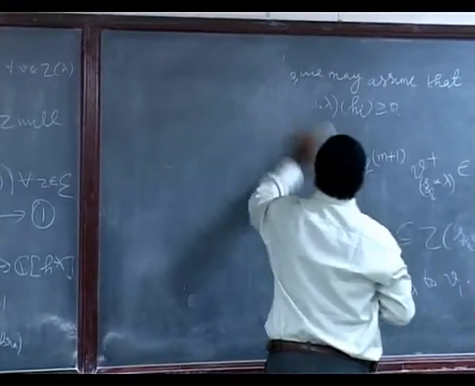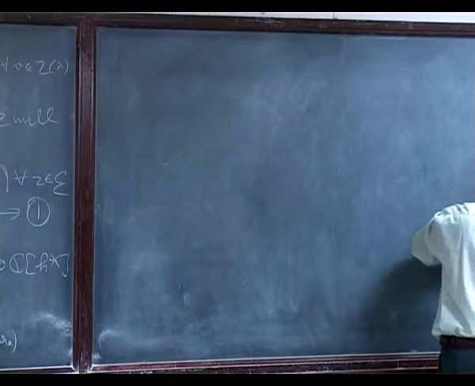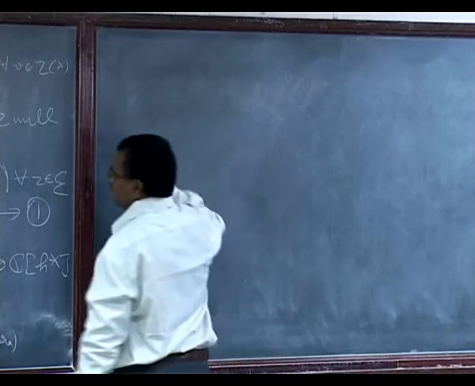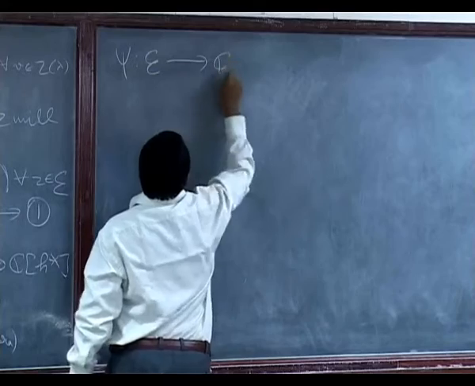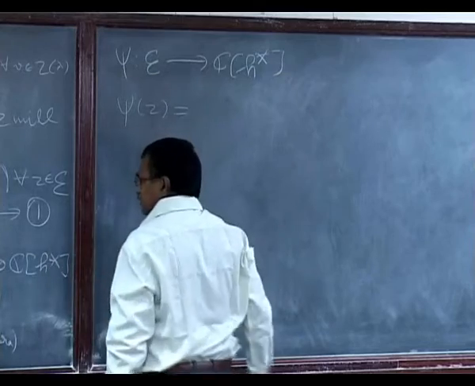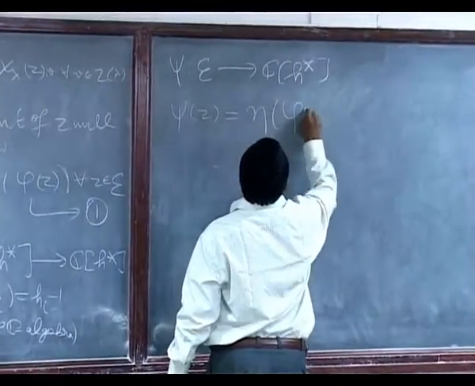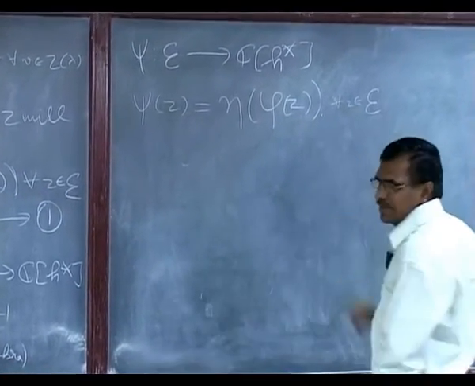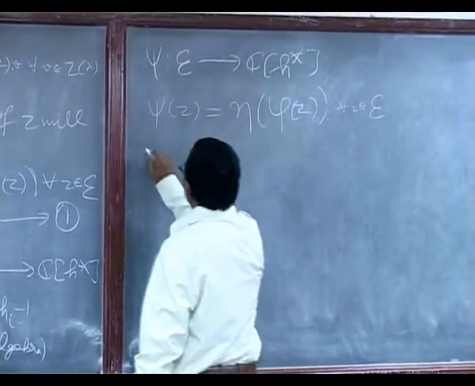Composing with phi gives another homomorphism of Z. So psi of Z is first phi, and then eta: psi of Z is eta of phi of Z. So this is one homomorphism.